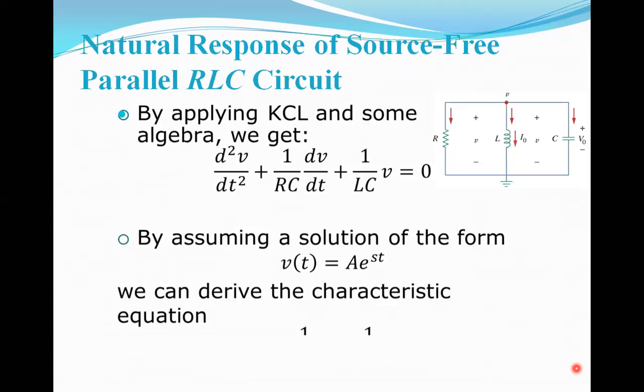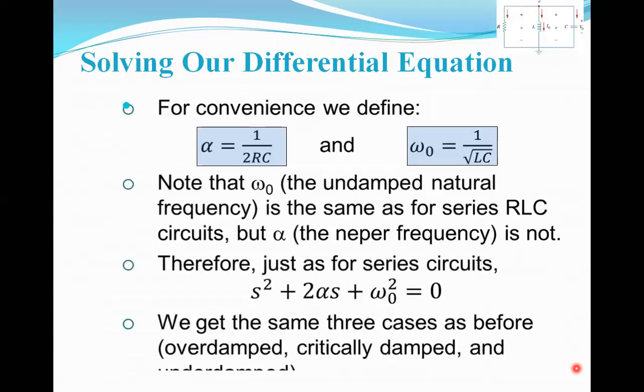Because it's a second order differential equation, we can say that V is equal to A into exponential of s t, where A and s are constants we need to find. For convenience, we take alpha as 1 upon 2RC and omega naught as 1 by the square root of LC.